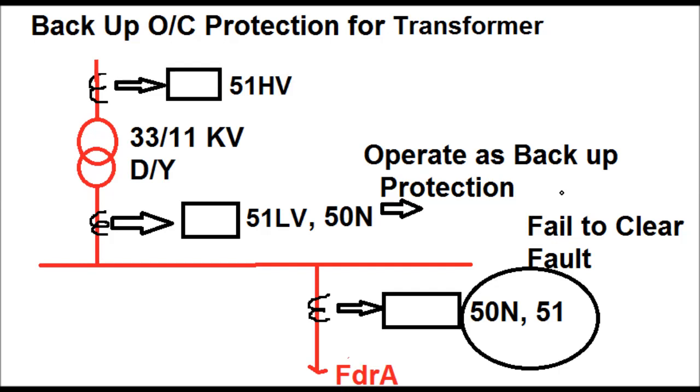Again if the 51 LV fails to clear the fault for some reason, then only as a backup protection of the LV side, 51 HV shall operate to clear the fault.